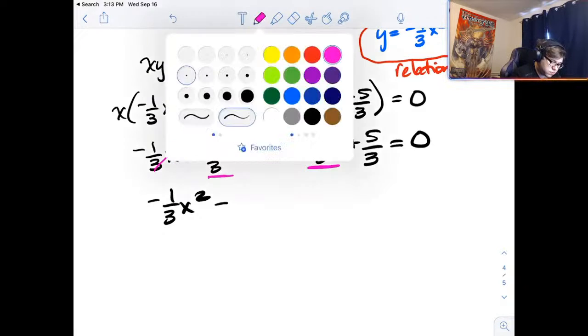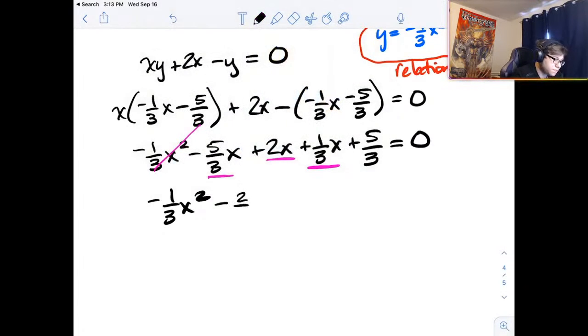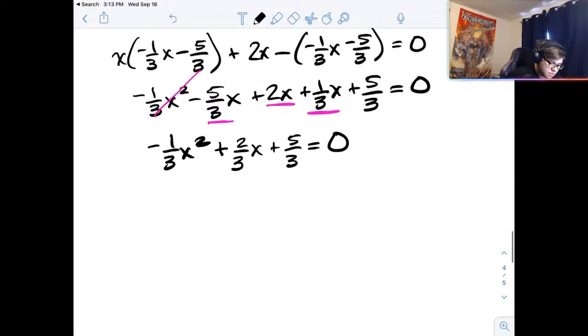Let me correct that really quickly. I'm having bad math right now, you guys. Let me try that again. Negative 5/3 positive would be negative 4/3, but added to 2 would give me positive 2/3 x. And then added to 5/3 is the only constant term in the expression.